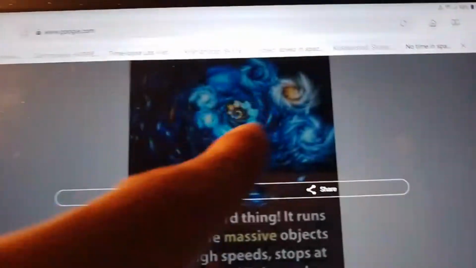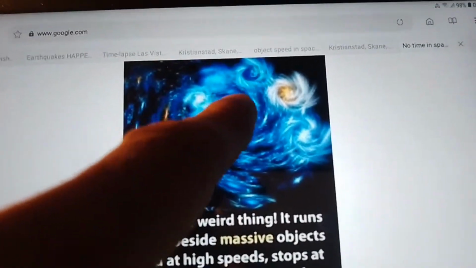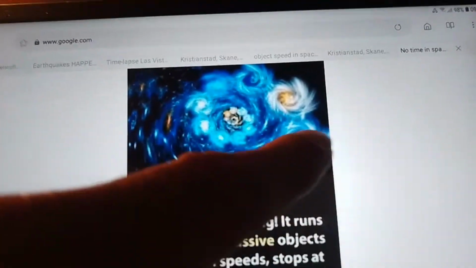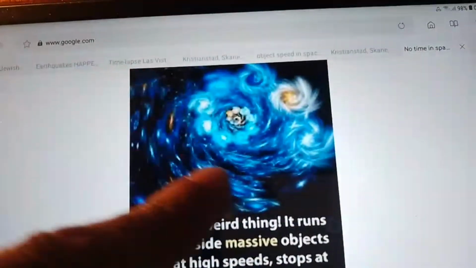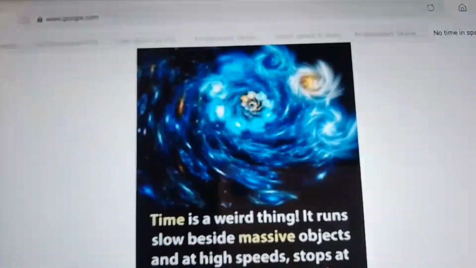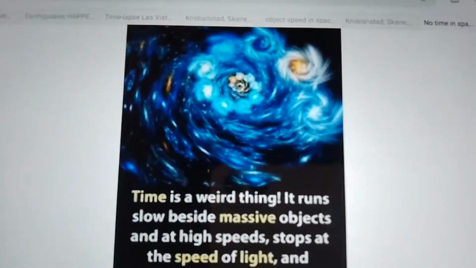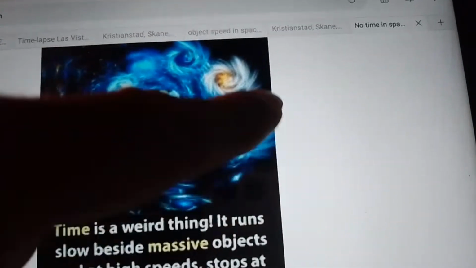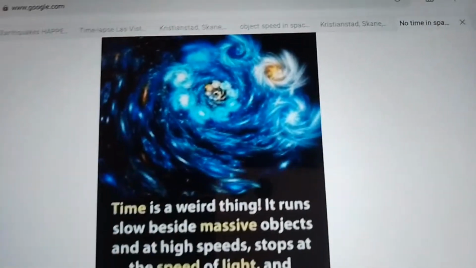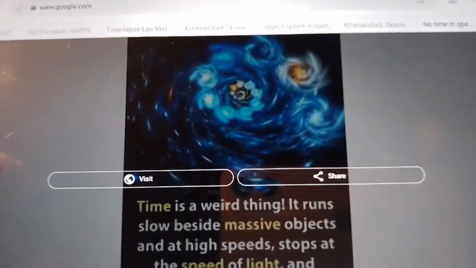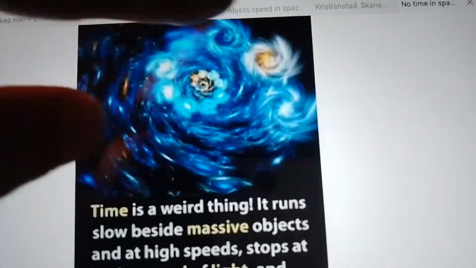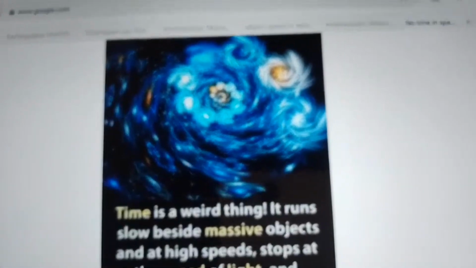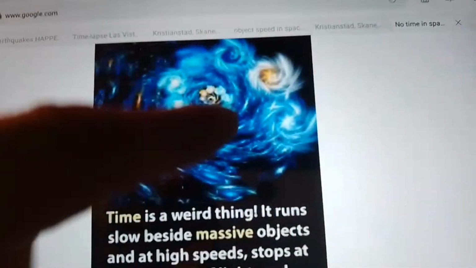The object is in the middle of the black hole, but we see it going around and around and around, and it becomes what we call the black hole. Actually, it is an object. So we see all this stuff because there's no time in space, and that's why we see all this stuff from a distance on Earth. We don't see these details.